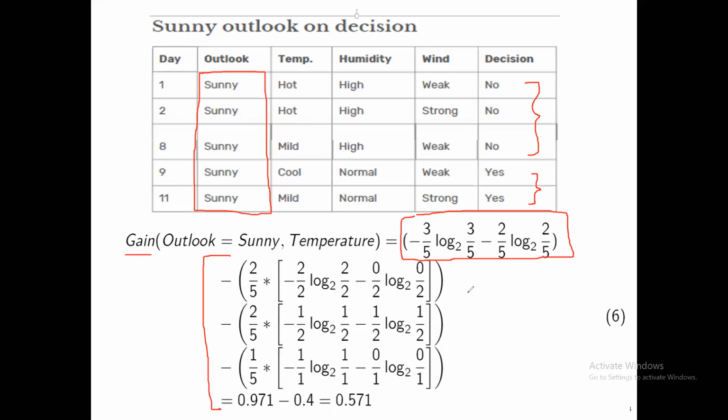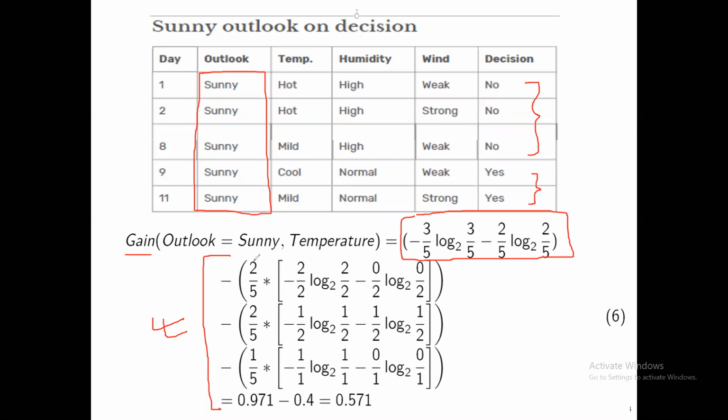entropy of temperature given that outlook is equal to sunny, and this is exactly what we calculate in these parts. We can see from the data set that temperature has 3 values: hot, mild, and cool. So we'll have to average out 3 entropies, right?